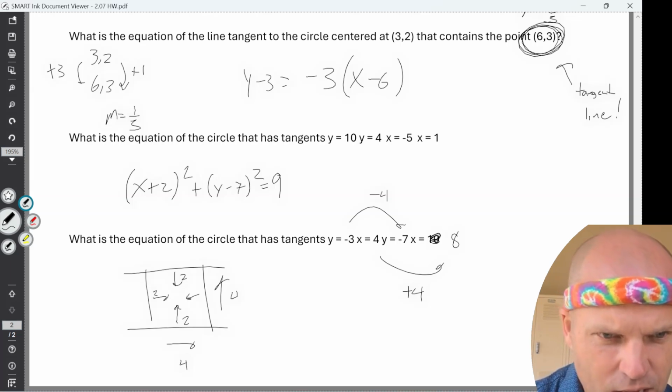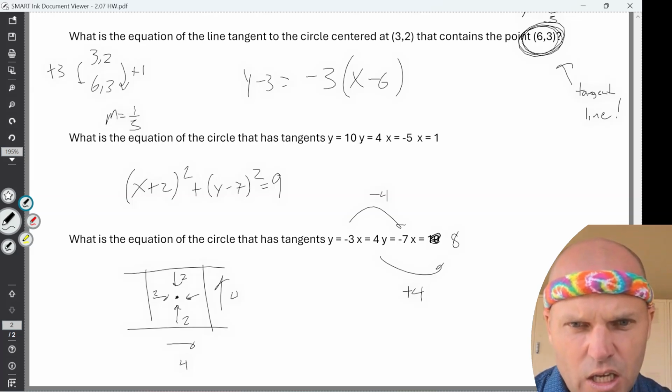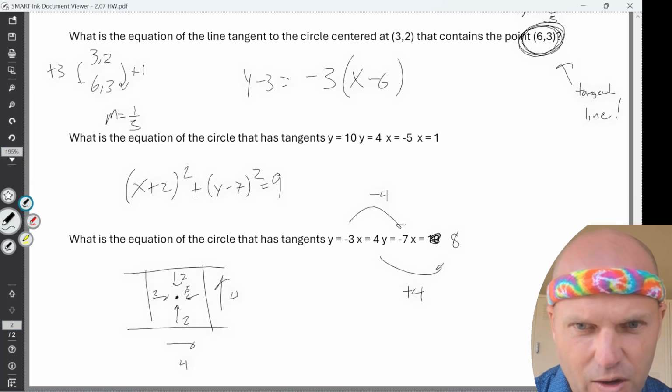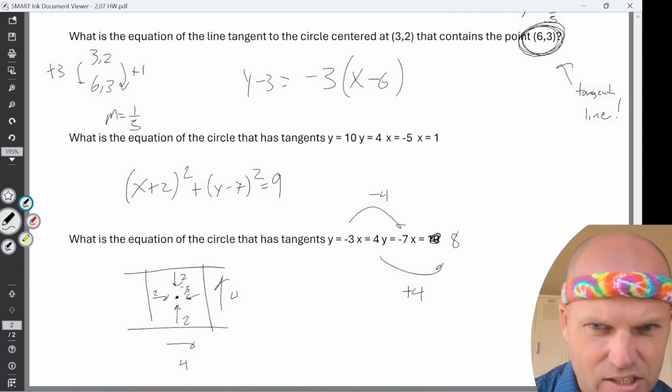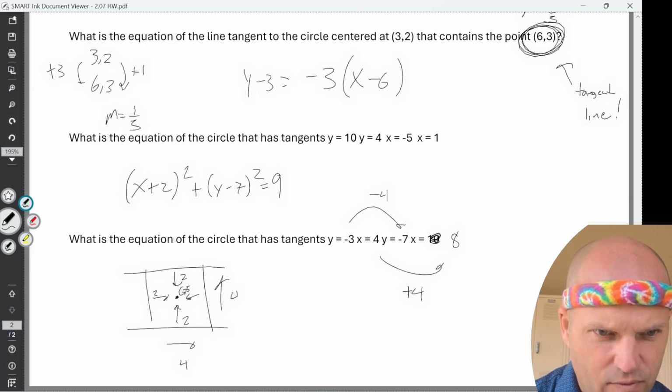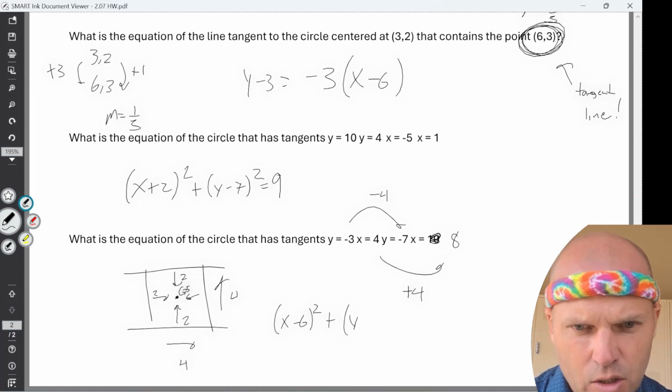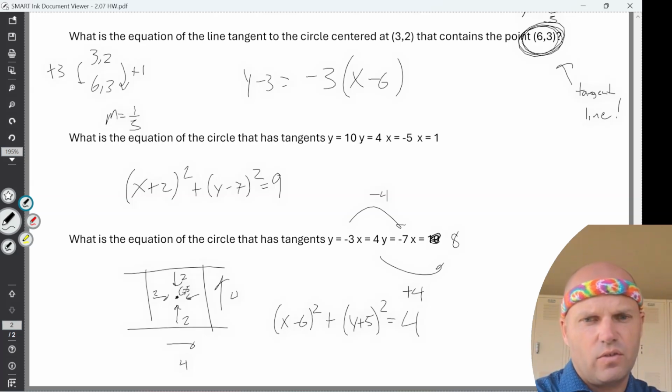You can see the radius is going to be 2. If I go in between the y's, I have a y of −5. If I go in between the x's, I have an x of 6. So I have the equation (x − 6)² + (y + 5)² = my radius squared, which is 4.